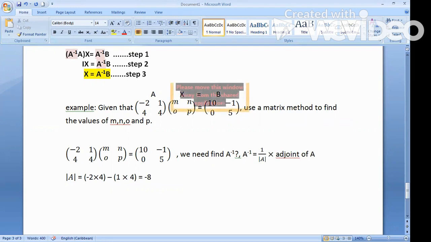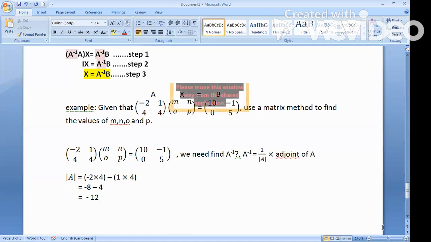Very good. What's 1 times 4? 4. What is that, class? Subtract 8, subtract 4. It will be -12.